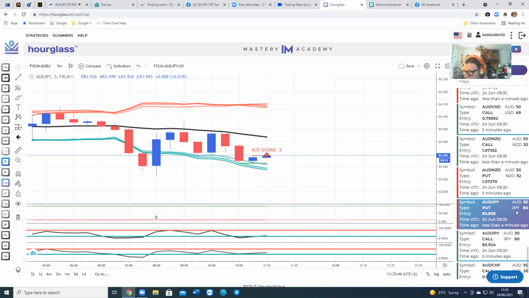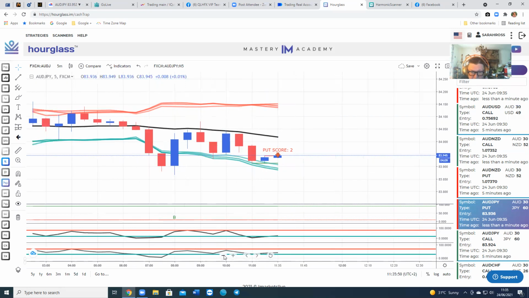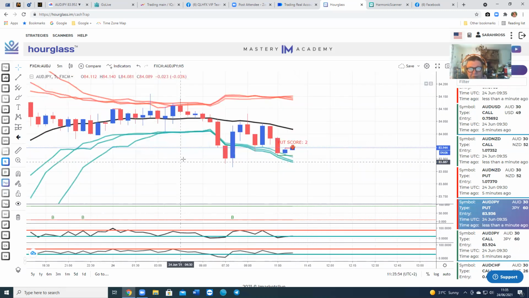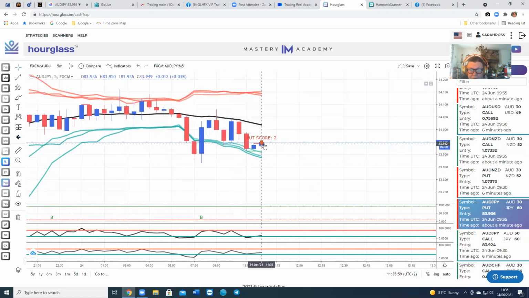So it's more risky. We don't really want to be taking the reversals for a call. We want to be waiting to increase the probabilities. We've done our analysis. We know what's happening. So we've just got to wait patiently and then take a put.